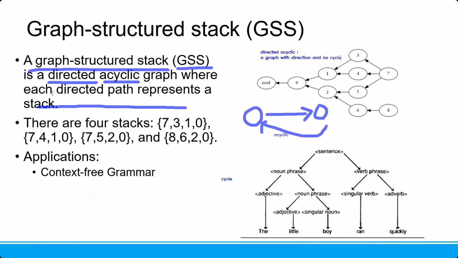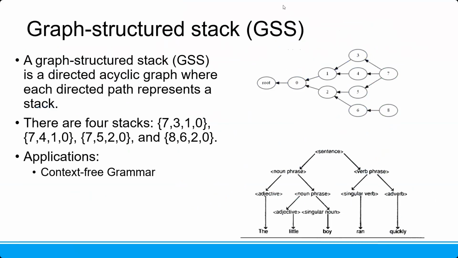Where its directed path represents a string. So we can have this direction, this is a direction, this is a direction. Okay, this is another. And this can be represented as one stack.